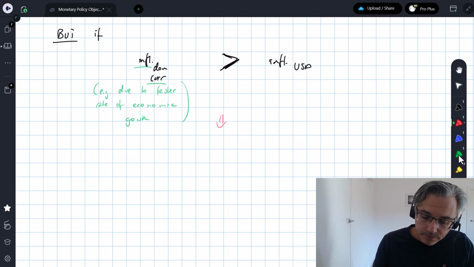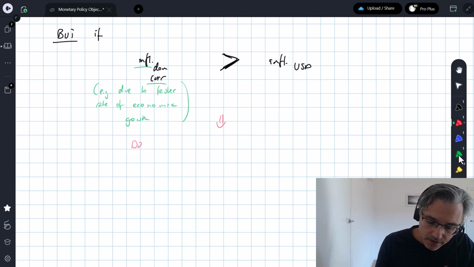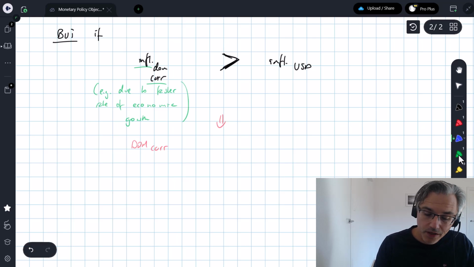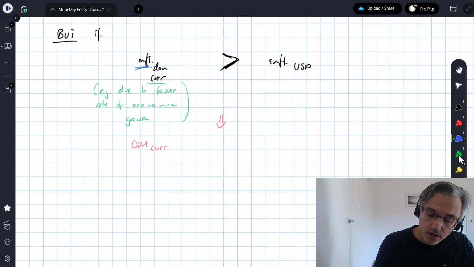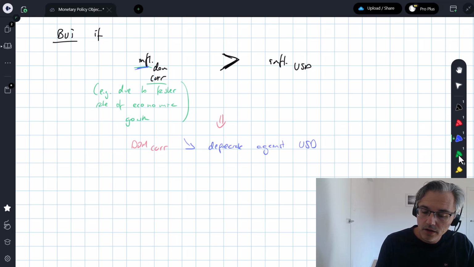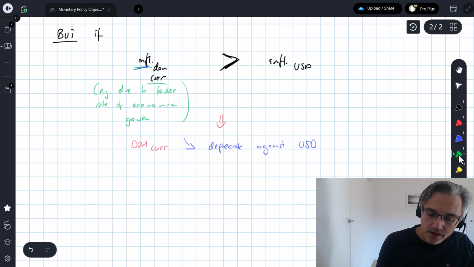And the domestic currency, due to it having a higher inflation rate, will actually go down. It will depreciate against the USD, against the dollar, purely for the reason that it has a high inflation rate.